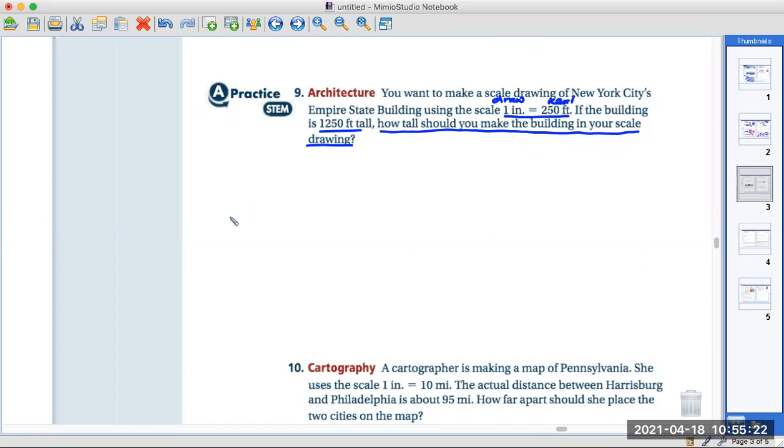All right, let's see. So you're going to write a proportion and solve. And this time we do not have to match our unit. The most important part is you keep your proportion the same, the order matters. So I decide to put my scale drawing on top. You can do it the other way.